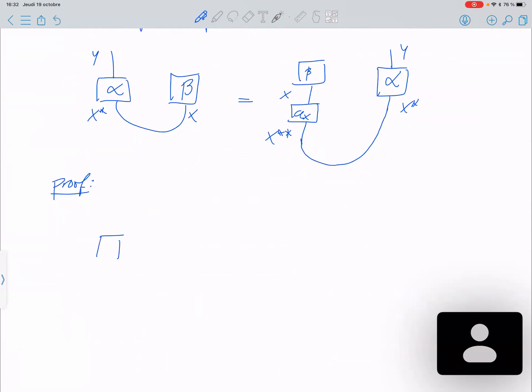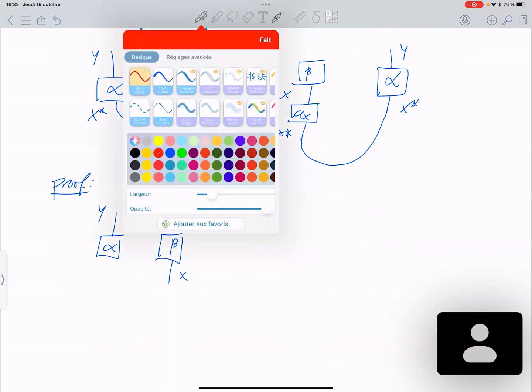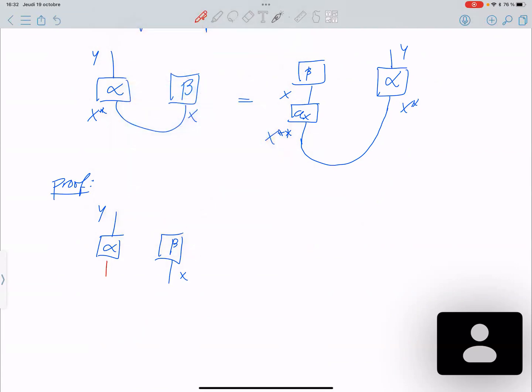So alpha Y beta X. We want to put a zigzag here. So zigzag. So beta. Okay. So alpha.